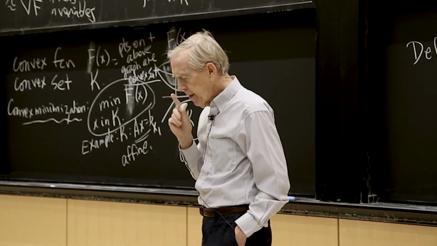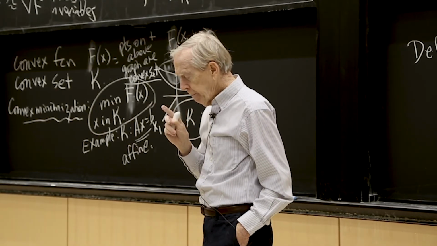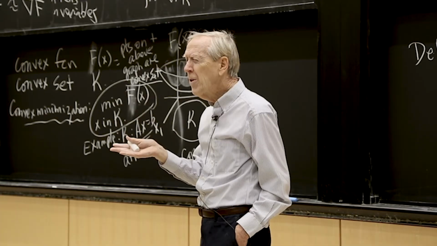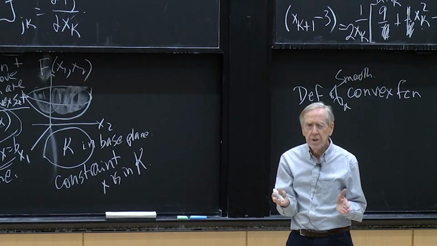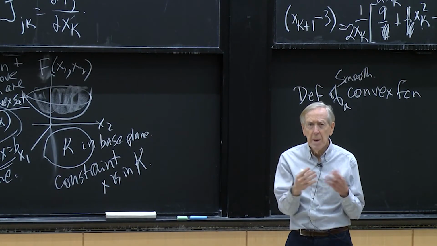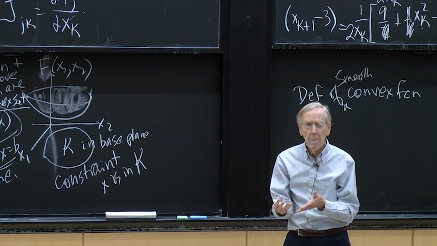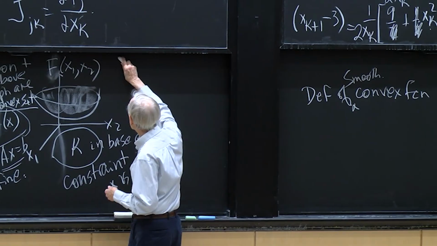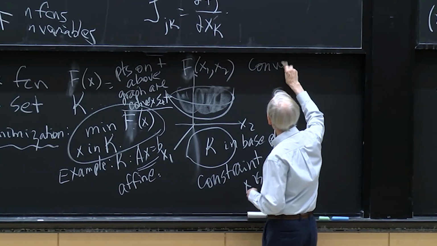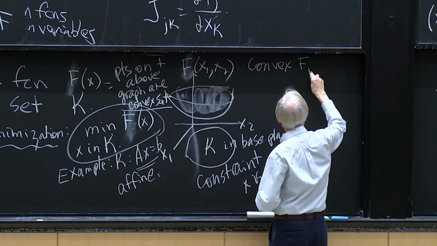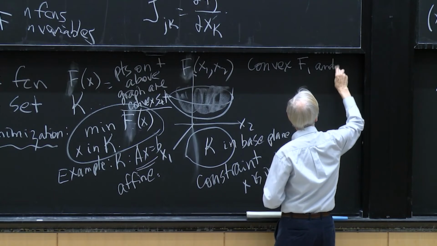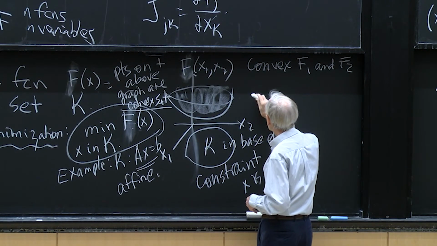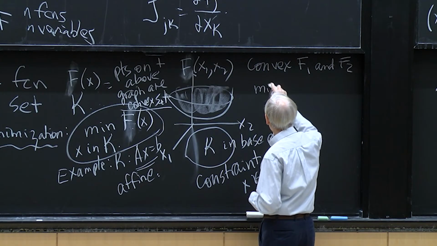Because I would like to think about two functions, f1 and f2. Out of two functions, I can always create the minimum or the maximum. So I suppose I have two convex functions f1 and f2. Okay, then I could choose the minimum.